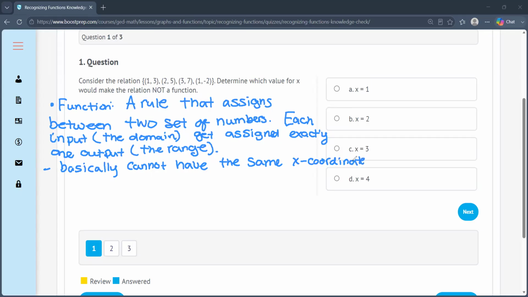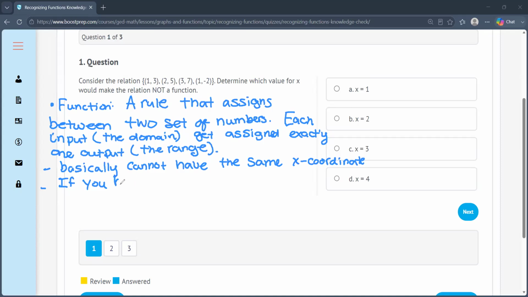And then if you have a graph, to determine if it's a function, use the vertical line test. They might give you a graph, and then you have to determine if it's a function.